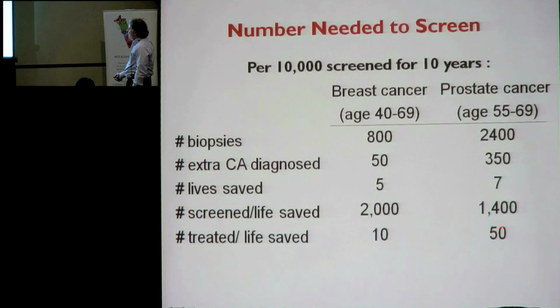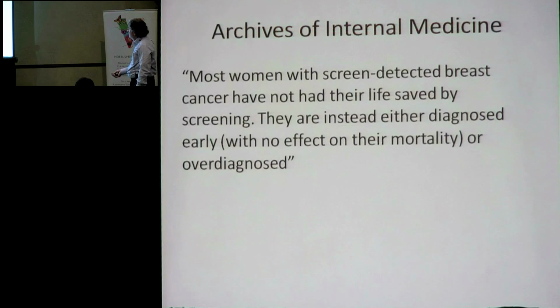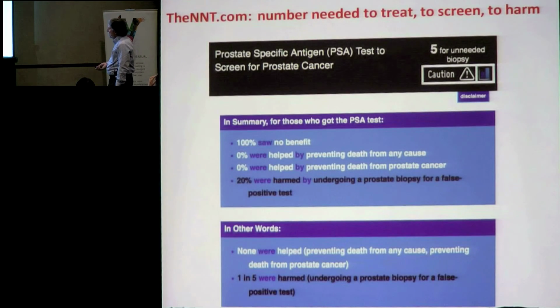Having a prostate biopsy is not, again, a walk in the park. The Archives of Internal Medicine wrote, most women with screen-detected breast cancer have not had their life saved by screening. They are instead either diagnosed early with no effect on their mortality, or they are overdiagnosed.